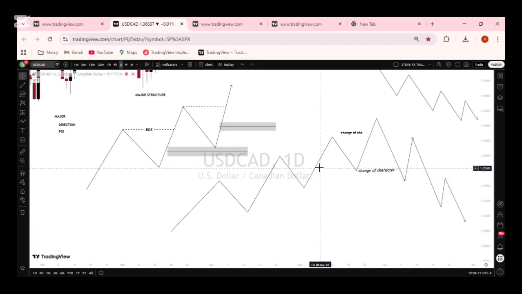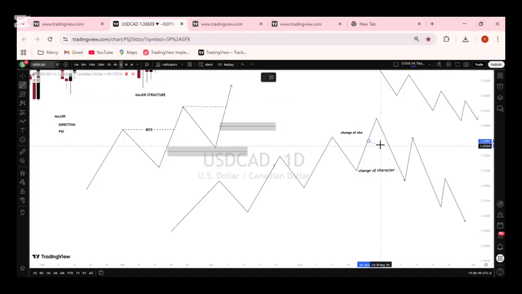Sometimes you may have some kind of minor structure formation even from the higher time frame. So for instance, as we have this major swing leg, you might have a minor swing formation within the swing leg.